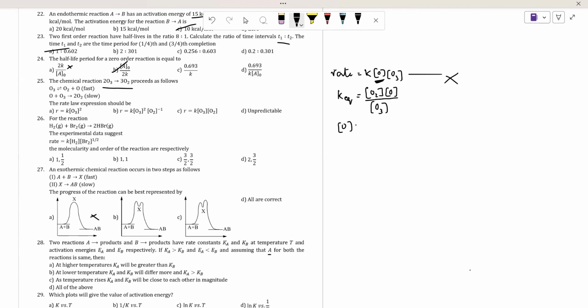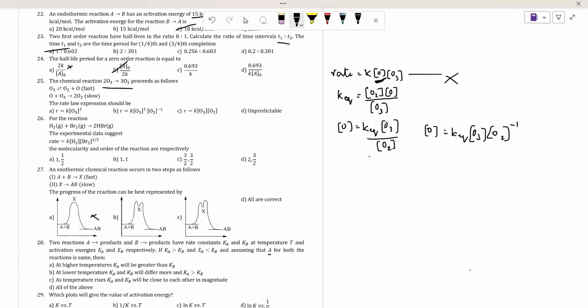So KEQ is equal to the products divided by O3 and O2. If you bring this O2 up, the concentration of O is equal to KEQ into O3 into concentration of O2 raised to the power -1.